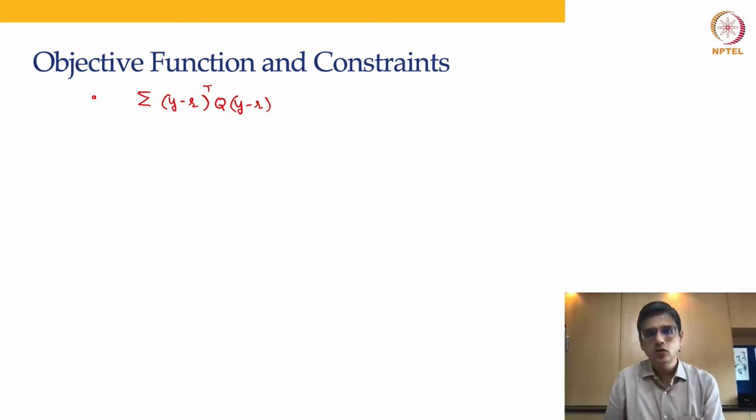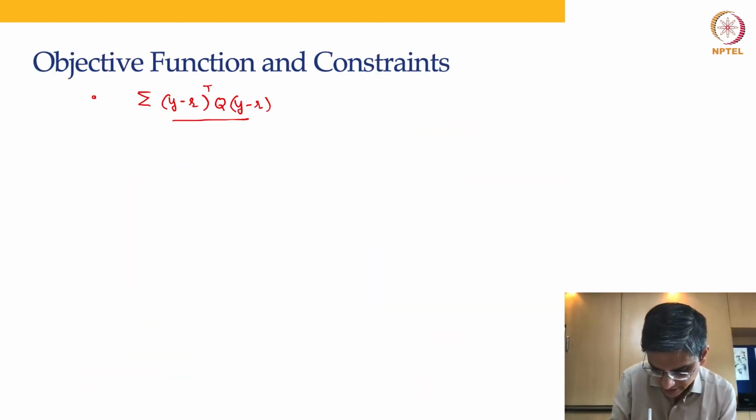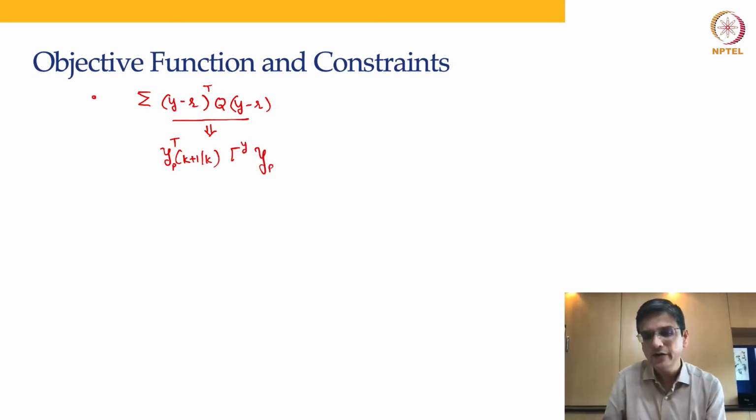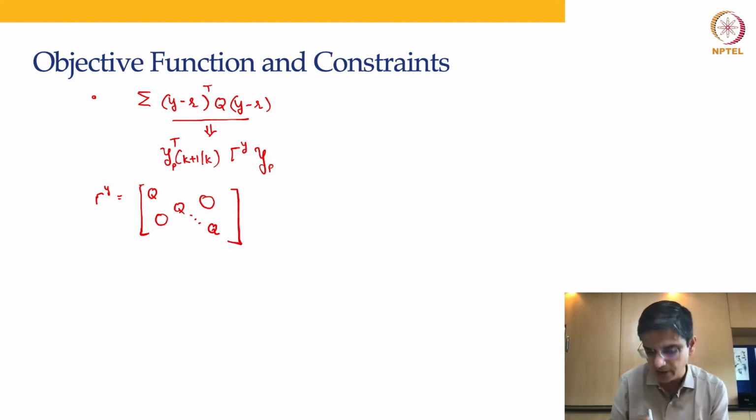Okay, now we can represent this, as we have always been writing, in terms of y_P(k+1 at k) transpose Gamma_y y_P. Okay, where Gamma_y is just going to be Q as the block diagonal elements.